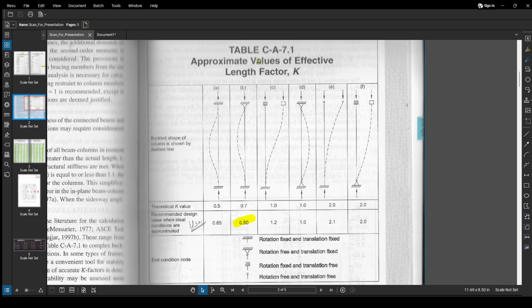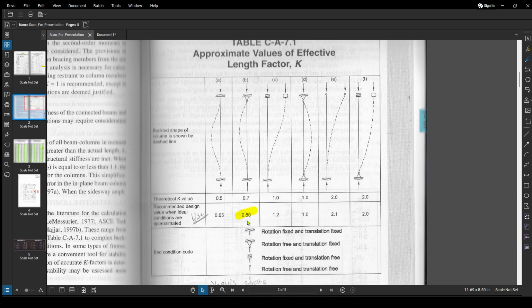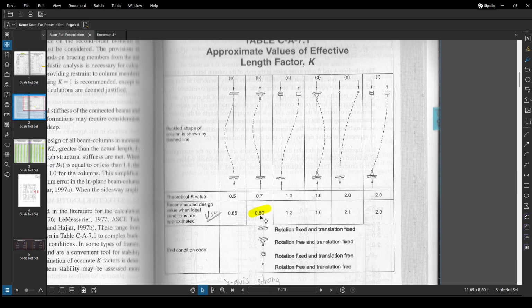This is from Table C-A-7.1, so we use 0.8. Back to our solution: KL over r, because this is the governing one, will give us a big value for KL over r. Then we need to check this value against the table.